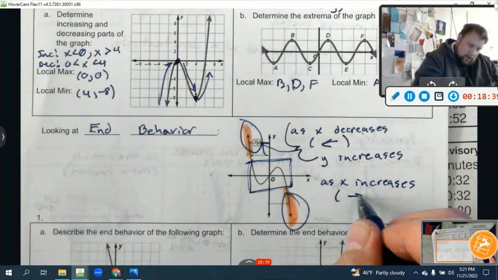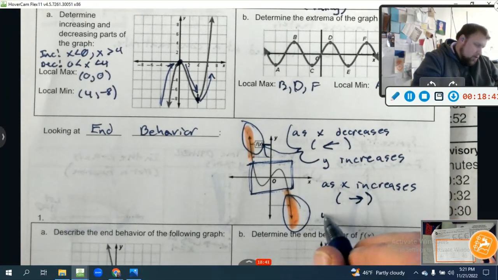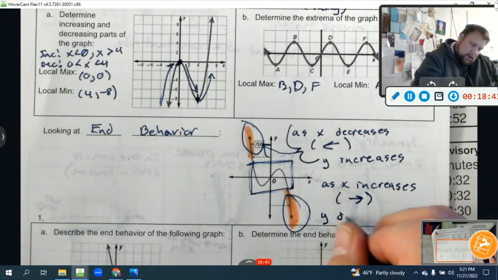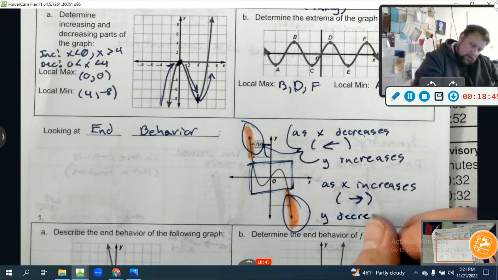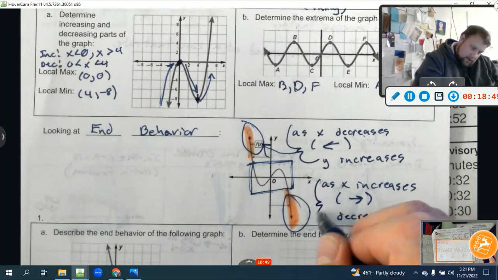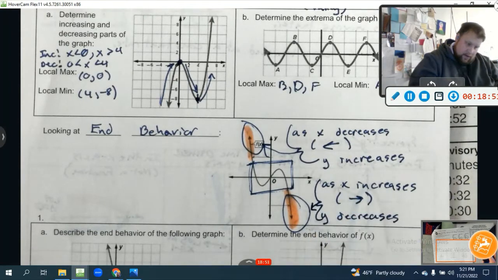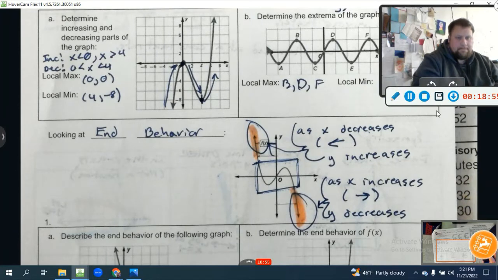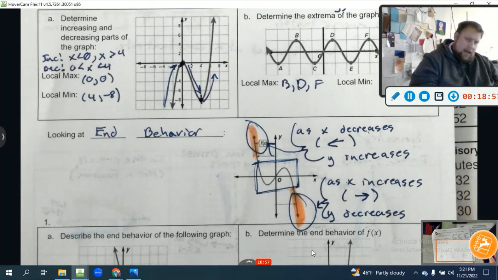Going to the right, we see that our y decreases. It's going further and further negative. So we're going to describe the end behavior, and this is said in a different way.